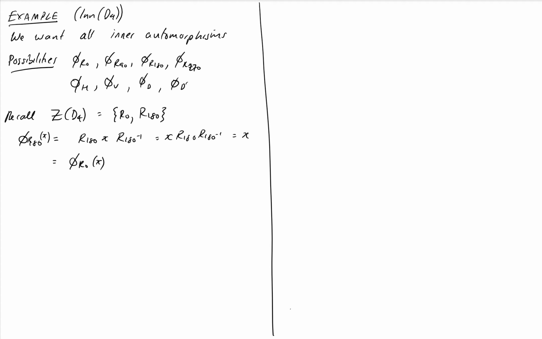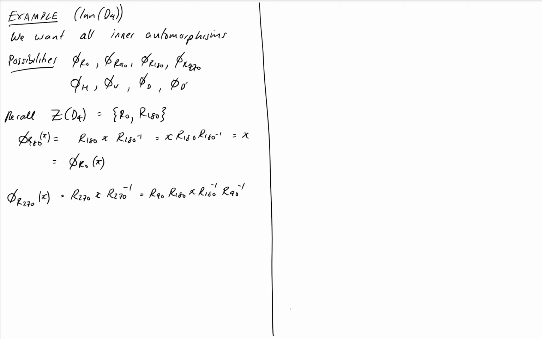We can do this similarly. Let's see if we can actually do this somewhere else as well. So let's say phi of R270 of x. Let's look at that one and see if we can make it into something else by making use of this center information again. R270 of x is equal to R270 times x times R270 inverse. And now we're going to introduce the element from the center, R180, into this by making it R90 R180 x R180 inverse R90 inverse.